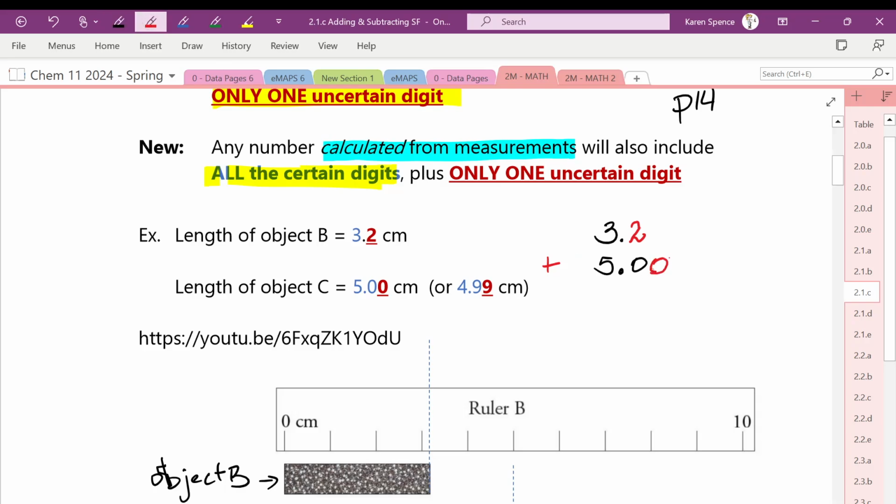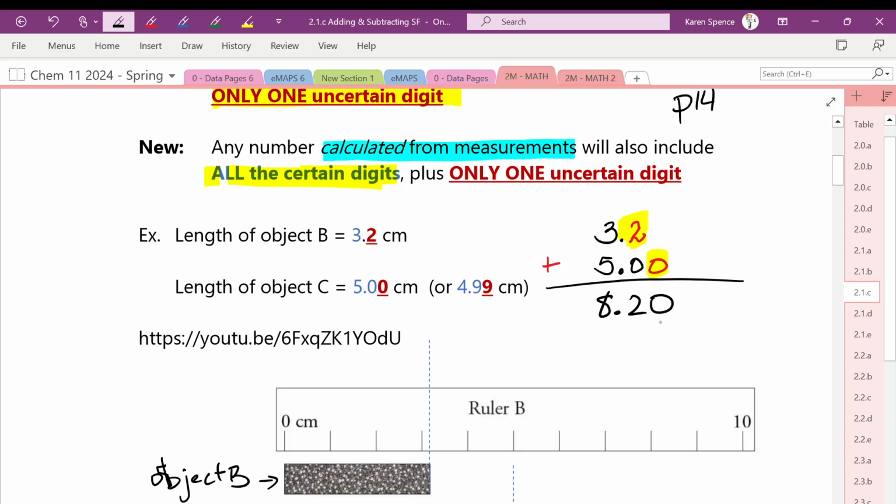I have put my uncertain digits in red, but if you want to highlight them or underline them, you can do that, or circle them. Just don't erase them like I did. So when we add this up, we get 8.20.